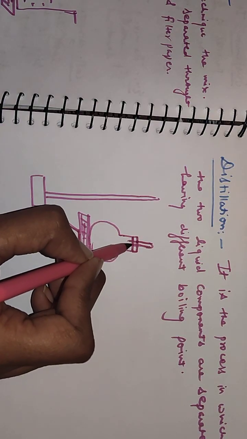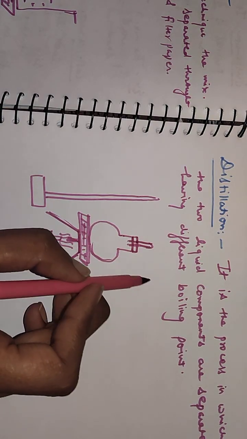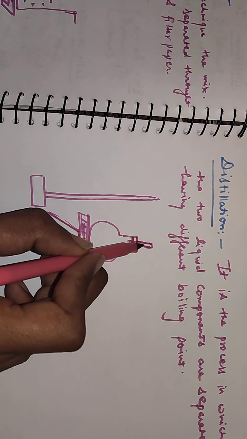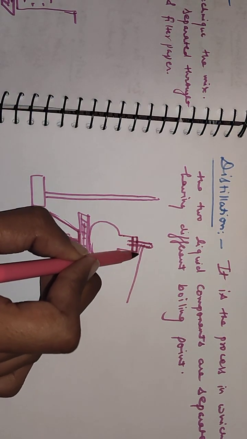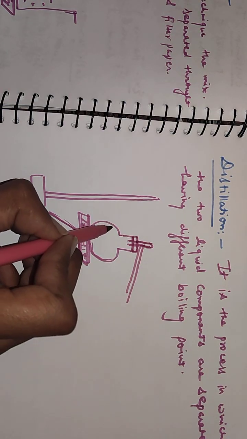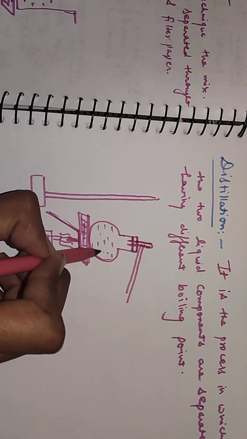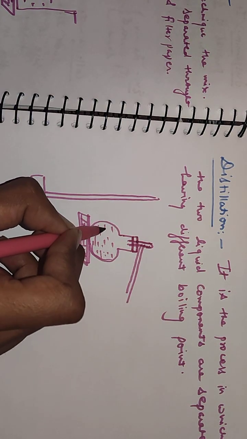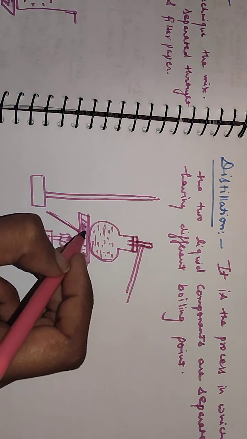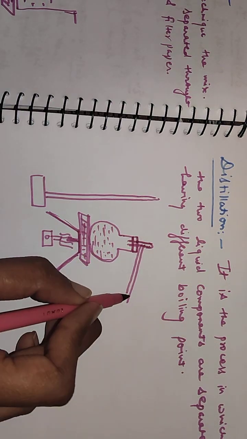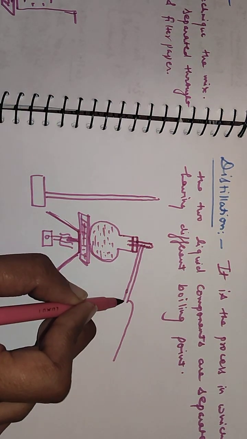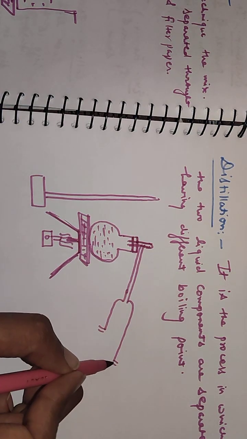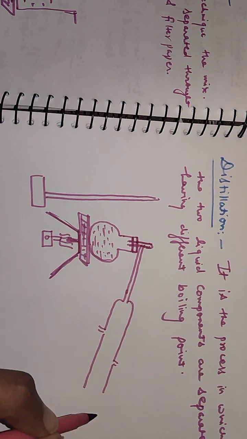After some time we see that the lower boiling point liquid solvent evaporates first, and then the condenser we applied here, with a water outlet and a water inlet like this.